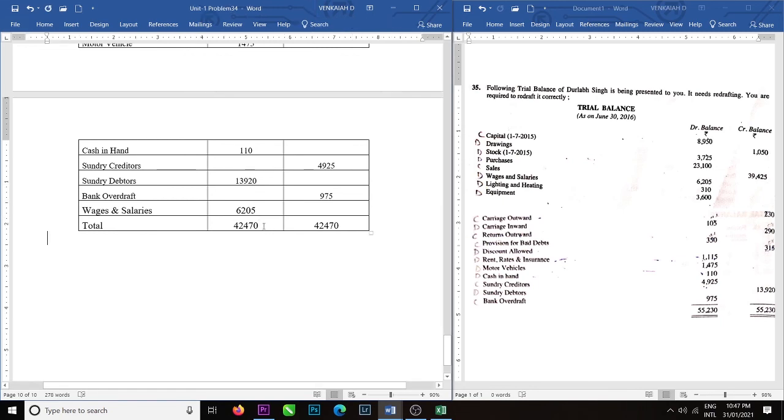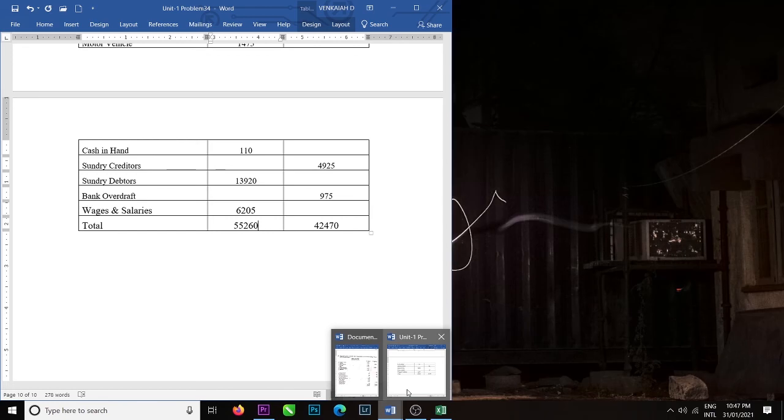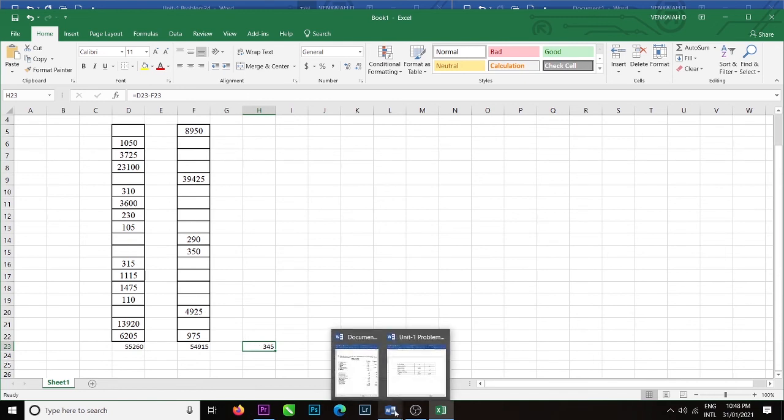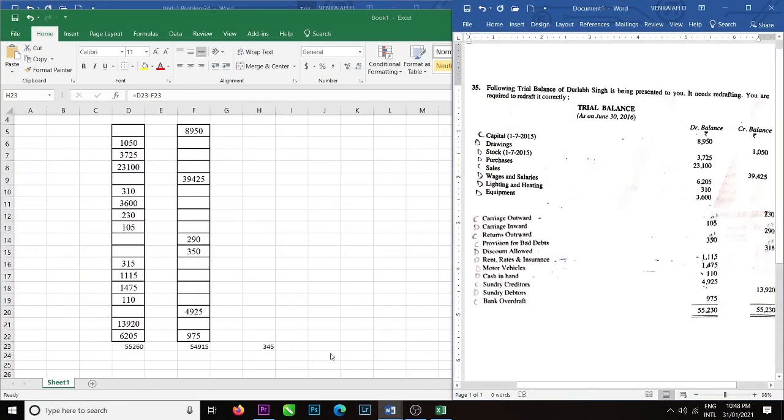Now the debit total we are getting 55,260, but the credit total we are getting 54,915. The difference amount is 345. Credit side is less. Simply we will write it in a suspense account, and later we will find what is exactly the mistake, either in totaling or in posting.